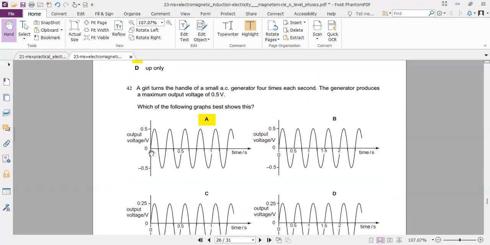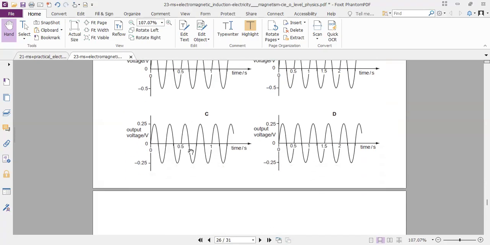We have 1 and 2 completed in 0.5 seconds. So 1 will be completed in 0.25 seconds, and that's the time period. If you have the frequency 4, the time period will be 1 over 4, i.e. 0.25. So this one is the correct match.